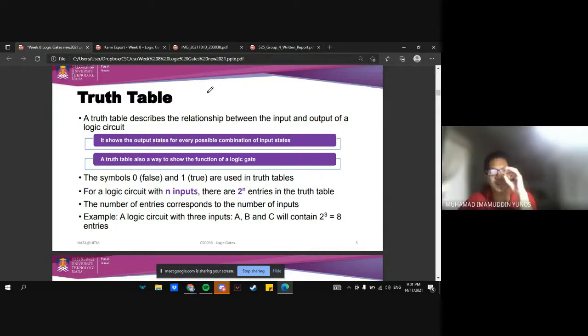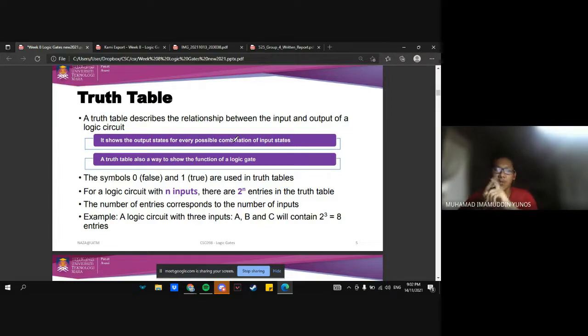The symbol 0, which means false, and 1, which means true, are used in the truth table. For a logic circuit with n inputs, there are 2 to the power of n entries in the truth table. The number of entries corresponds to the number of inputs. There are logic circuits that have one input, two inputs, three inputs, and more, but for our syllabus, we will just learn a maximum of three inputs.